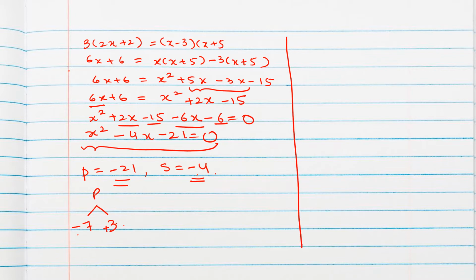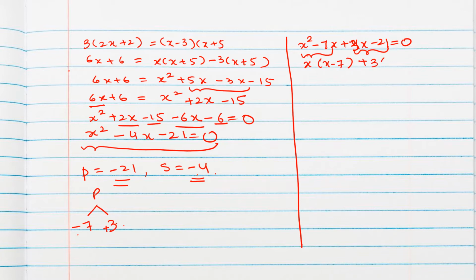So we can split the middle term: x square minus 7x plus 3x minus 21 equal to 0. Now from these two terms we'll take x common, and from these two terms also. So x common, x minus 7 will be left.